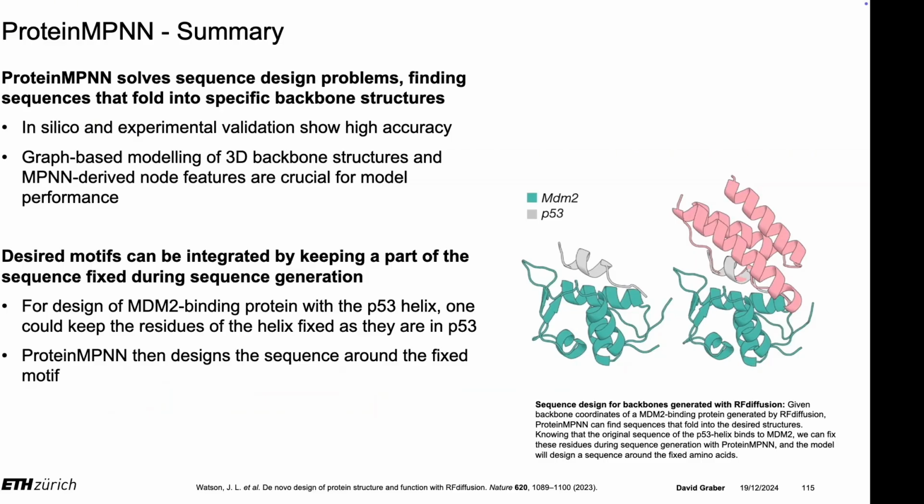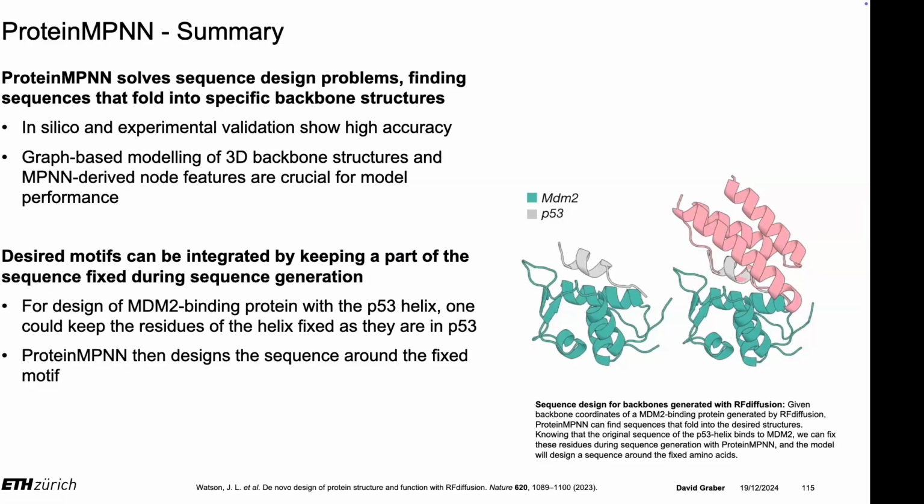So if we go back to this MDM2 example, we have designed this protein here that carries the helix of p53 so that our protein then can bind to this MDM2. And now, because we want our generated protein to still bind to MDM2, right?